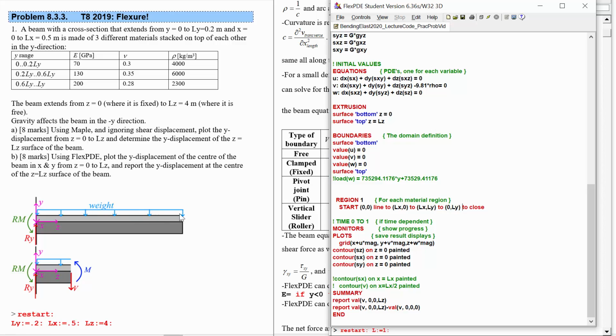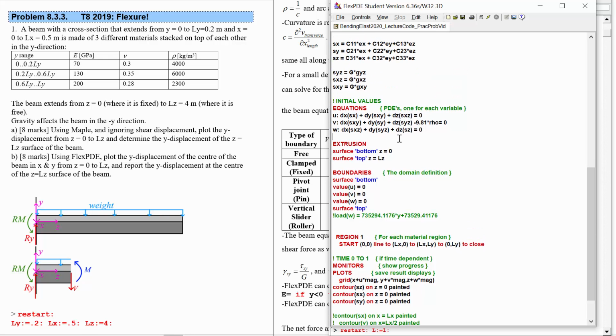We do have this distributed load on the top, and we could pause this and break it up on the top to apply that, but rather than doing that, we can just leave it with the example code where we said minus 9.81 times the density, and so minus G, 9.81 newtons per kilogram, times the density is the per unit volume weight of this thing. So we don't need to turn that into a distributed load and apply it on the top. It's actually better to have it as a volumetric load anyway, and it's easier to do that.